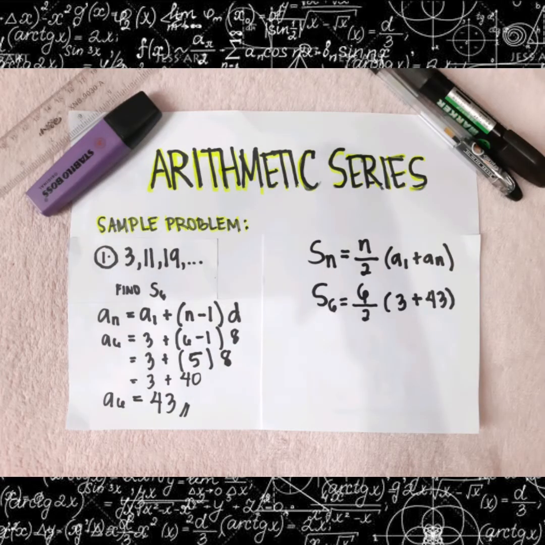Next, plug in 6 as n since we are looking for the sum of the first 6 terms, then also plug in the first term, which is 3, and the sixth term, which is 43. We will now have the equation S sub 6 is equal to 6 over 2 times 3 plus 43.